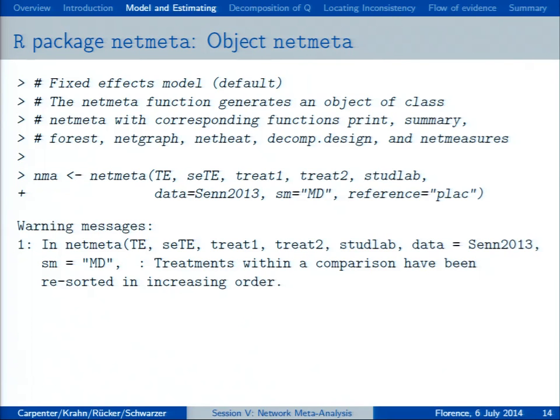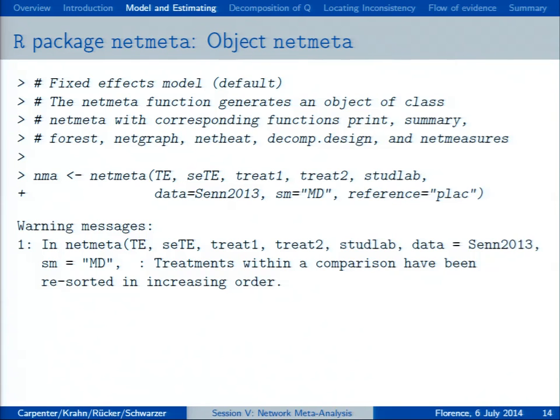We have the function netgraph, netheat, decomp.design, and netmeasures as well. We have to give there the treatment effects, the standard error of the treatment effects, and the compared treatments. These are mandatory arguments. And the 5th argument, the study label, is important since by this argument the multi-arm studies are identified.